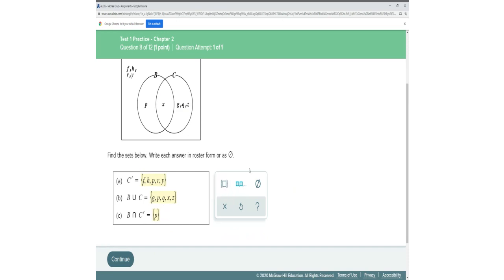I just wrote them in order. Anyway, the way we find this one is, where does C complement and B cross? And it's just at this one point. These are in C complement, but they're not in B. It's the intersection. So the only place that C complement crosses B is right here.